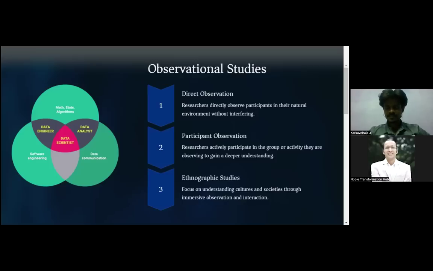Then you have ethnographic studies, focusing on understanding cultures and societies through immersive observation and interaction. This is what I have already explained.